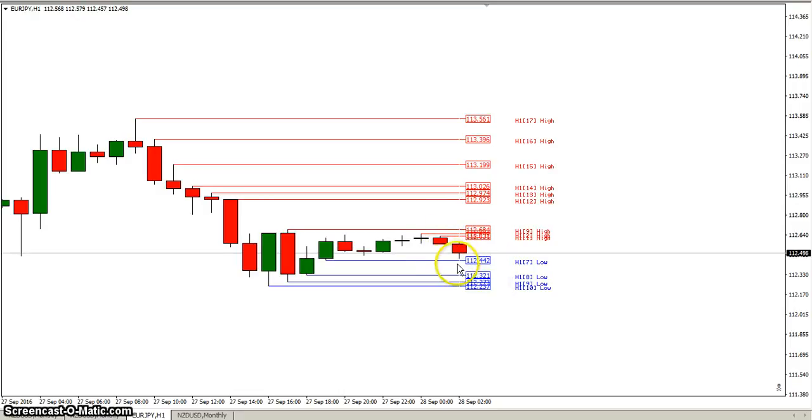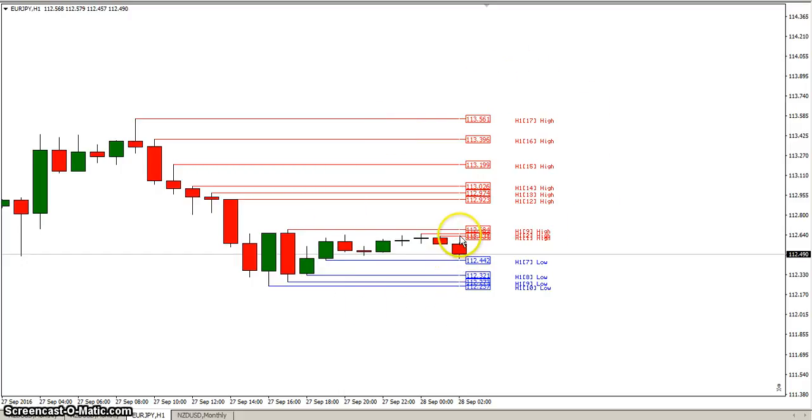So we'll look to go short here and long here. And as these lines get crisscrossed, the indicator won't plot them. So that's how you can use this indicator for trading.